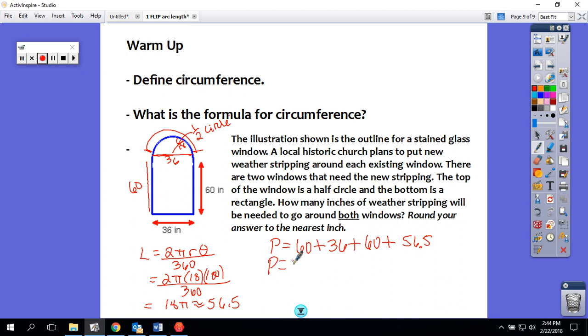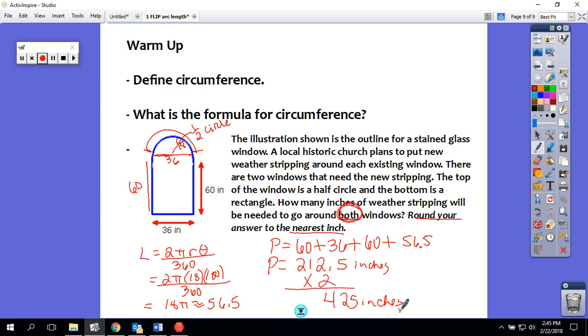So the perimeter of one window is 60 plus 36 plus 60 plus 56.5, which is 212.5 inches. Now it says to round our answer to the nearest inch, and it says we want it to go around both windows, so we need 2 windows. So I'm just going to multiply that by 2. So 425 inches of weather stripping is how much we would need.